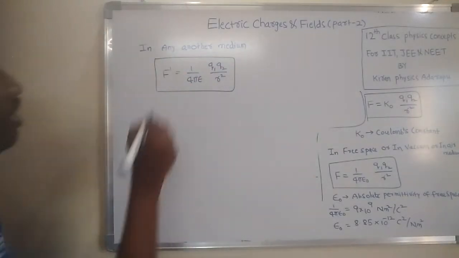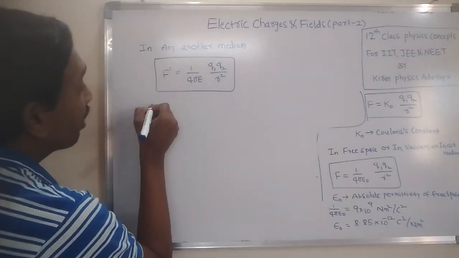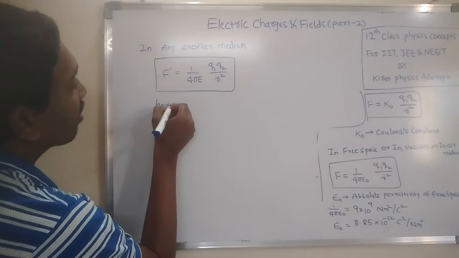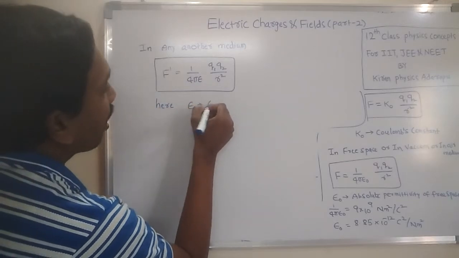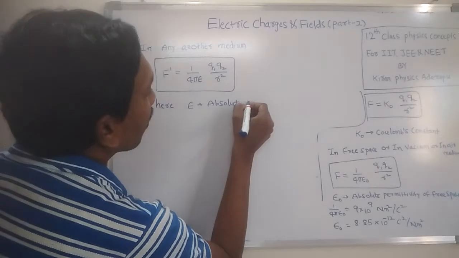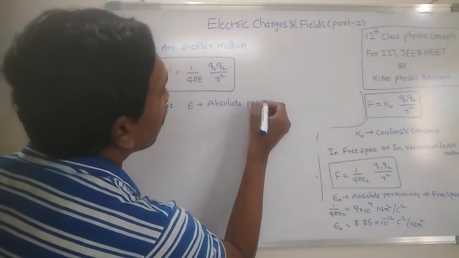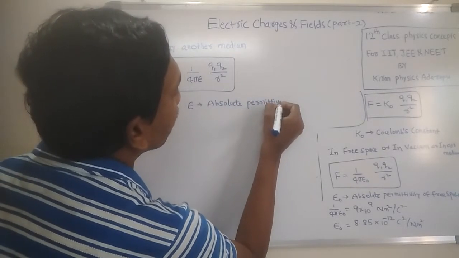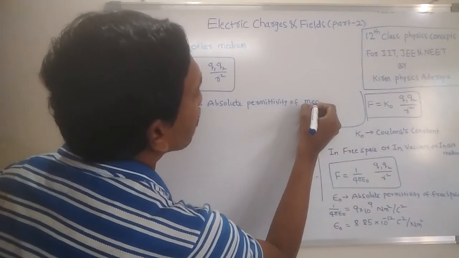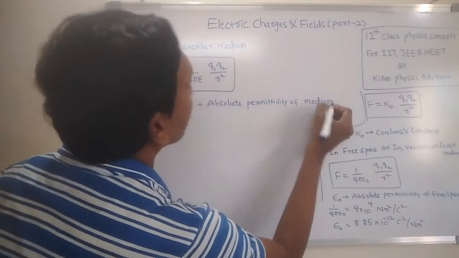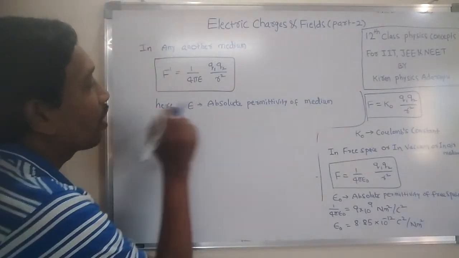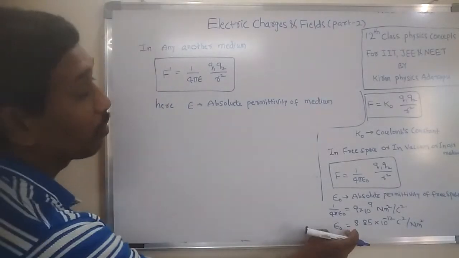The constant introduced here is epsilon. This epsilon is called the absolute permittivity of that medium. But epsilon is an unknown value, while epsilon naught is a known value.